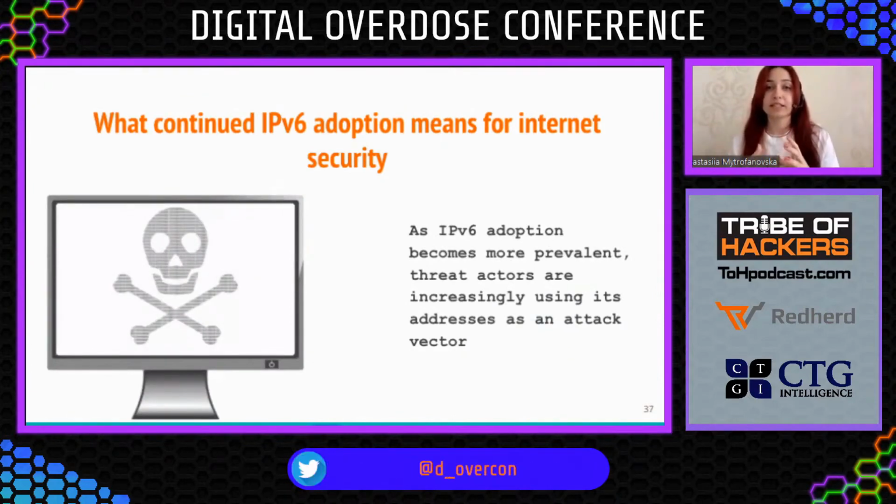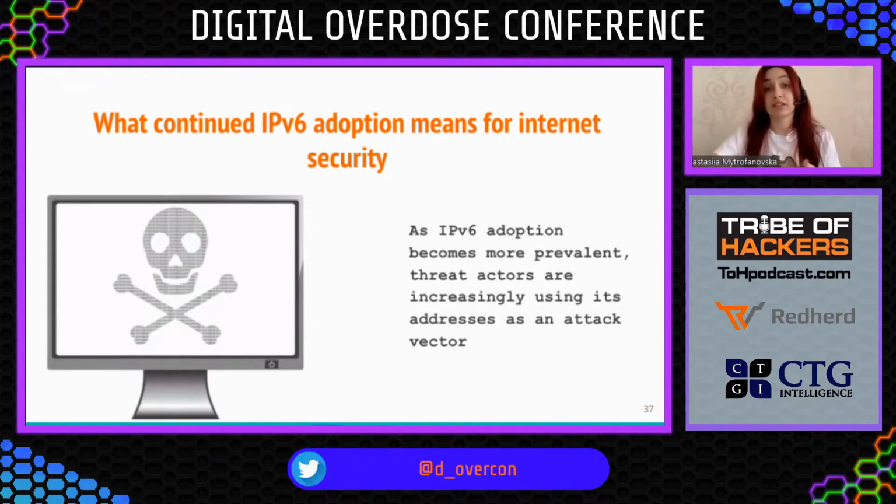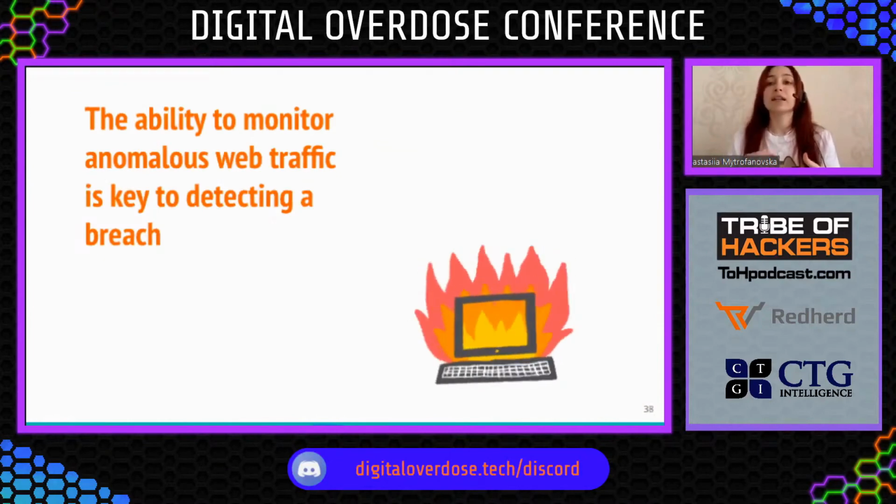So my last question is, what does continued IPv6 adoption mean for internet security? Hackers tend to set their sights on new targets only when they become worthy of their attention. And the same goes for IPv6. As IPv6 adoption becomes more prevalent, threat actors are increasingly using its addresses as an attack vector.